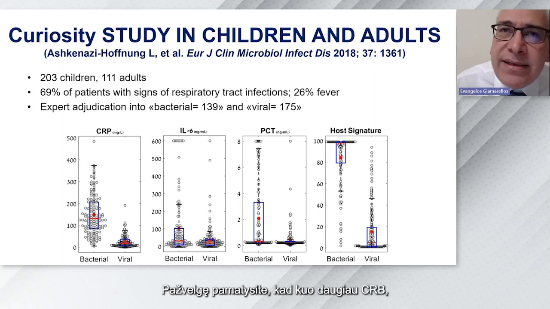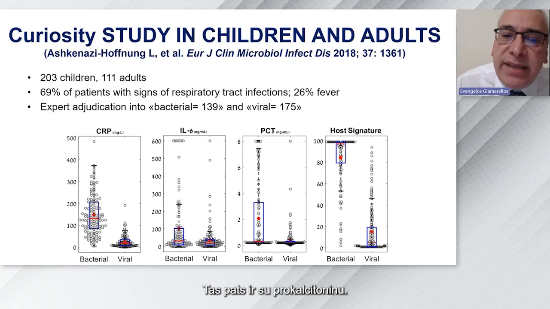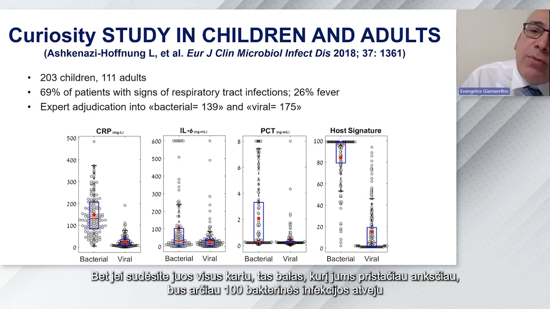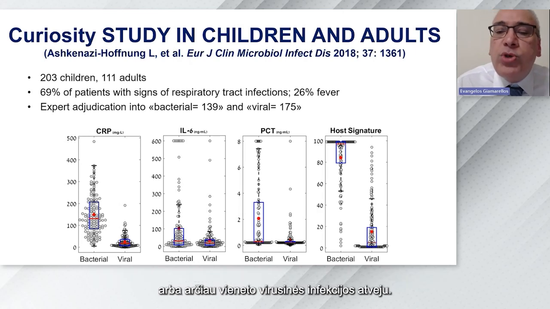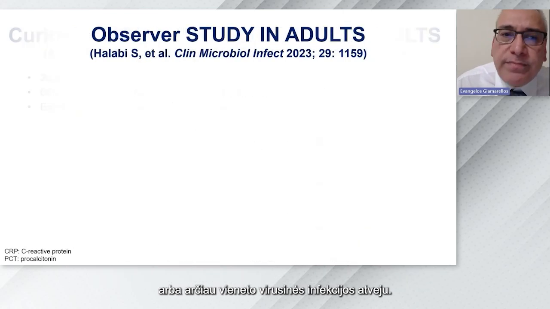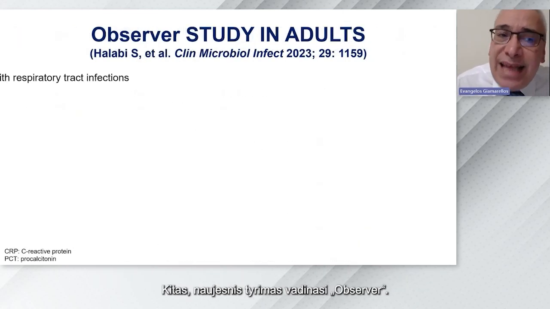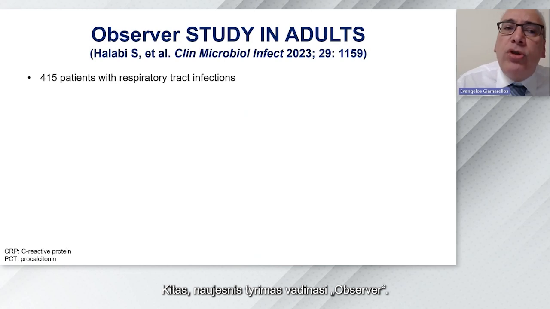So if you look at that, you see that the higher the CRP, the more likely the infection is bacterial, and the same for procalcitonin, but if you add them all together, then that score that I presented to you earlier is towards 100 in case of bacterial infection and towards 1 in case of viral infection. The next study, and the more recent one, was called Observer.